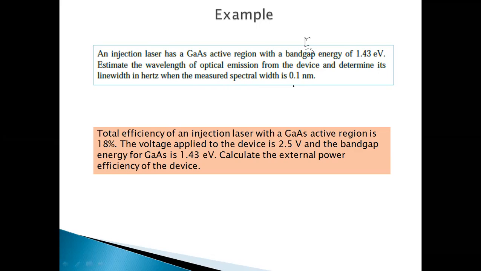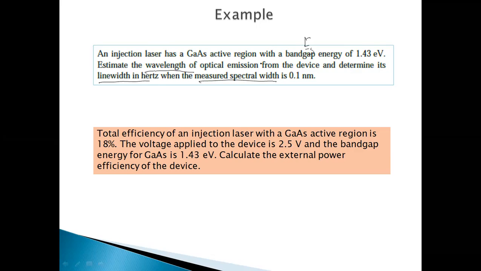First, we calculate the emitted wavelength from the gallium arsenide laser diode. Number two, we determine the line width in hertz if the measured spectral width is 0.1 nanometer.